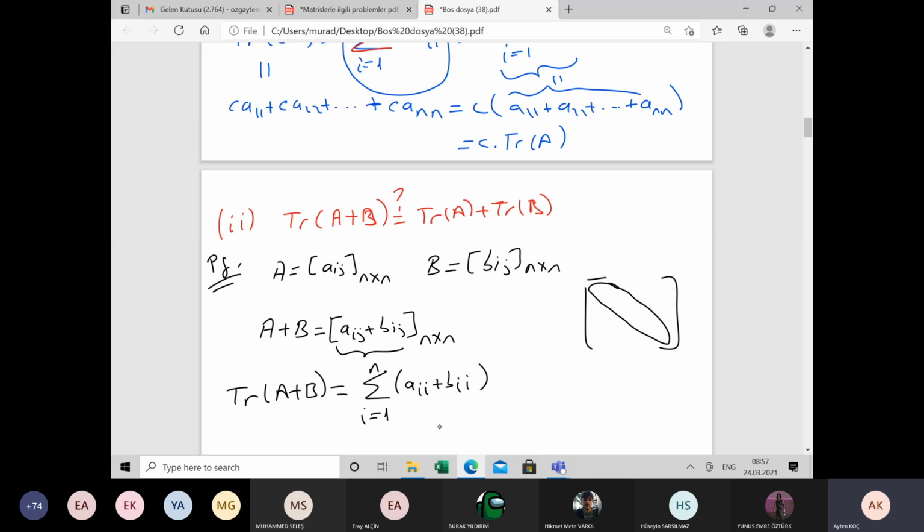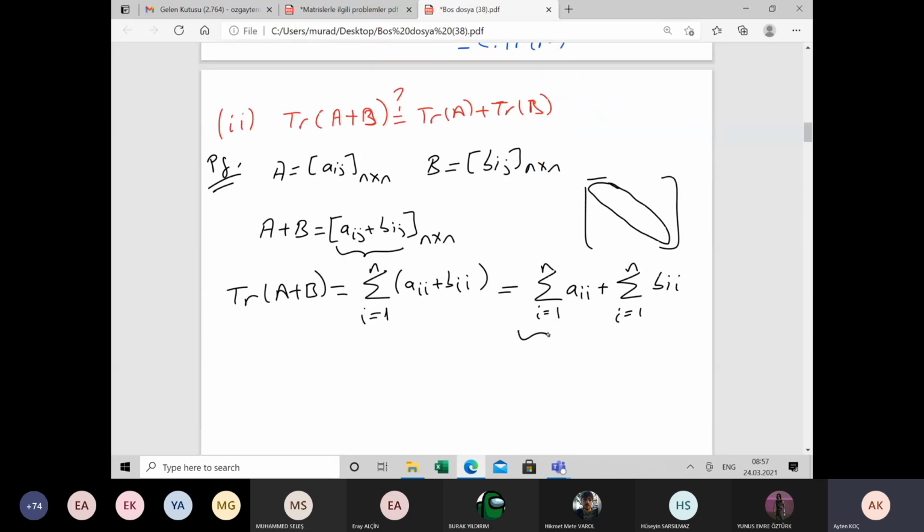We know the sigma notation property, so we can separate this into two parts, this one plus this one. What's the first?